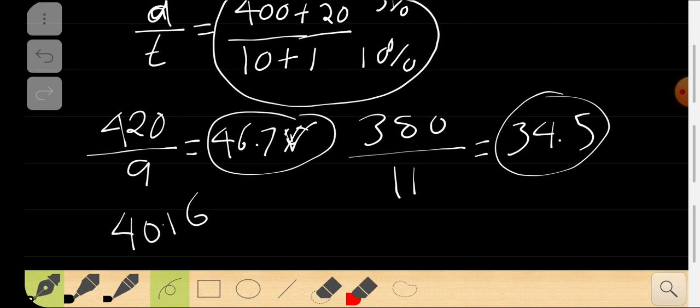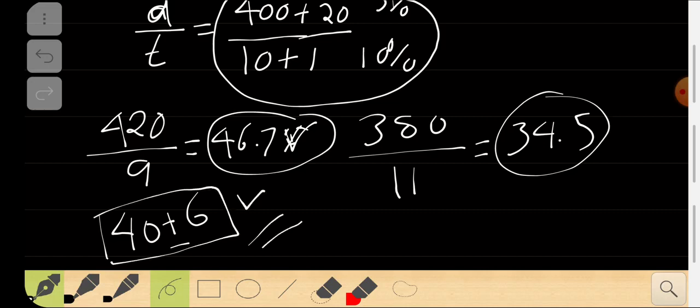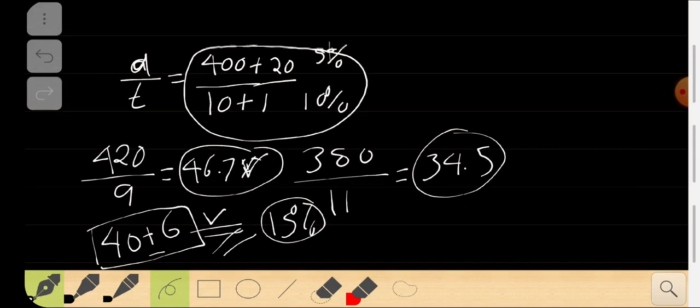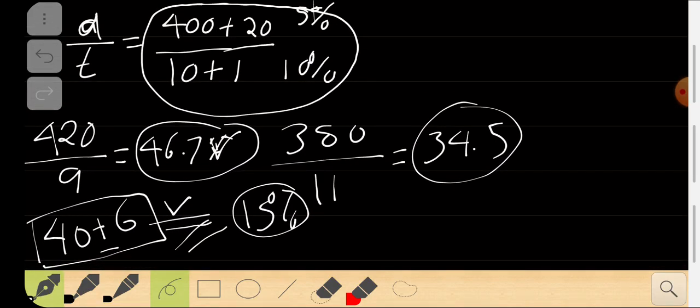So you can say it's 40 plus or minus 6, right? 40 plus or minus 6 is the average velocity that you can estimate with maximum accuracy. You can see that this 6 means around 15 percent of error, right? Uncertainty.